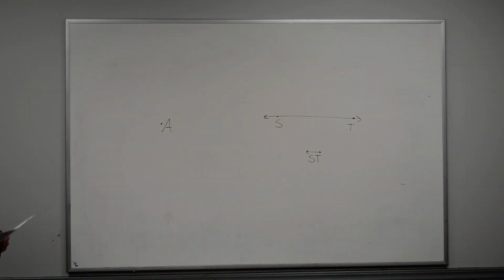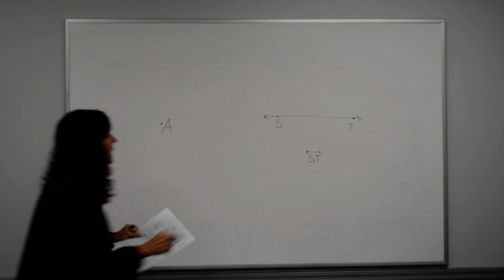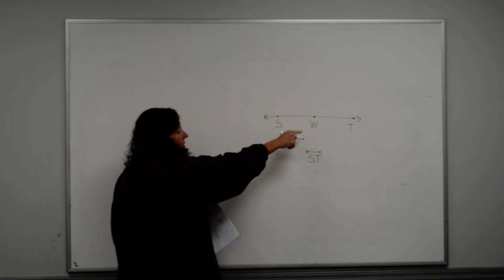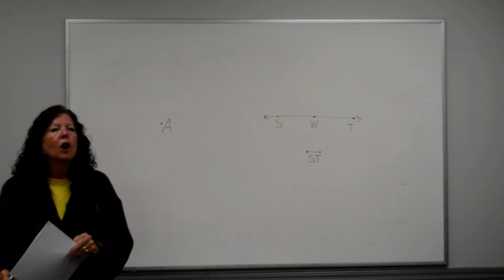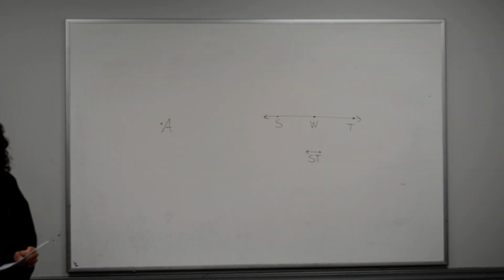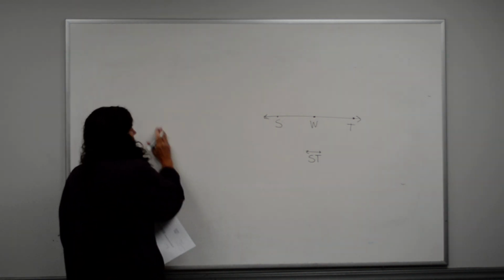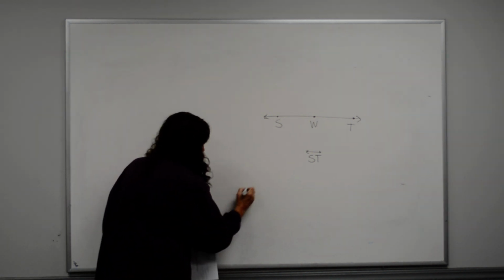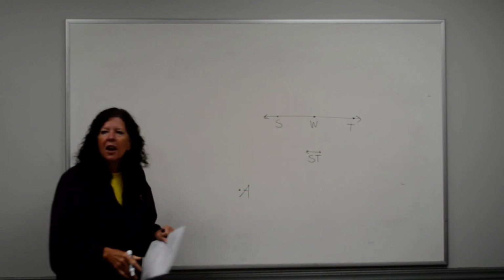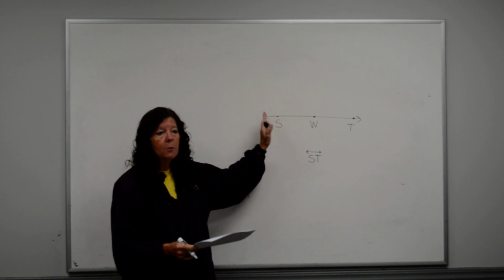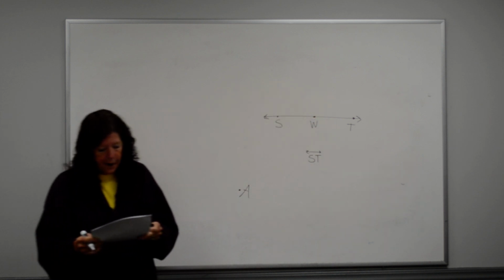Collinear means points on the same line. So let me say I threw W in here. S, W, and T are collinear. They're all on the same line. Obviously, if it says non-collinear, it means not on the same line. So A is non-collinear with S, W, and T.